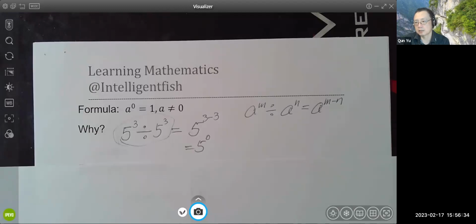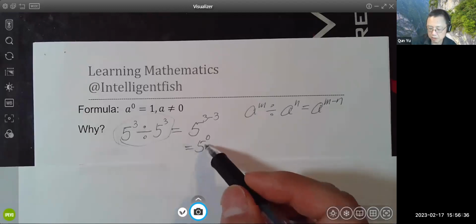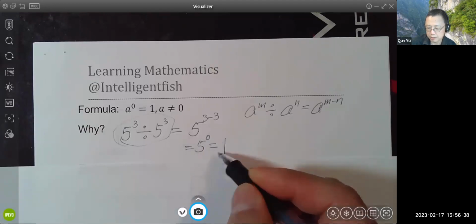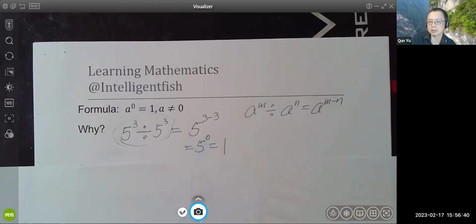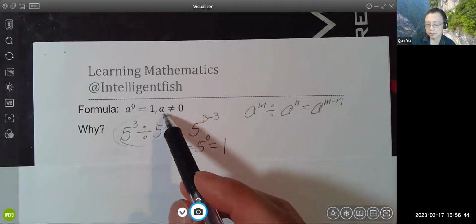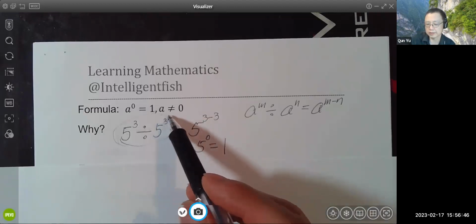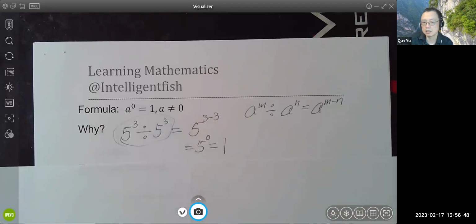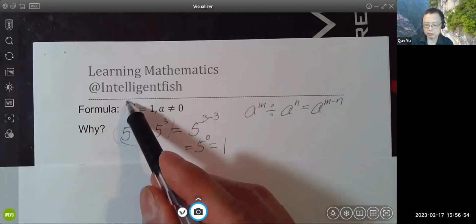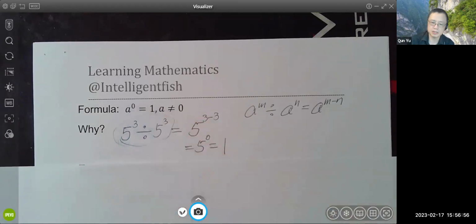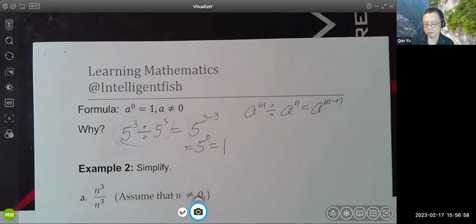Unless you divide it by 0. So this is going to be 1. Because the 0 power really means something divided by itself. That's also the reason we don't want this base to be 0, because that will be 0 divided by 0, right? So this is the reason anything raised to the power of 0 equals 1. It means something divided by itself.